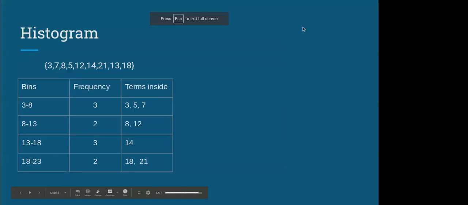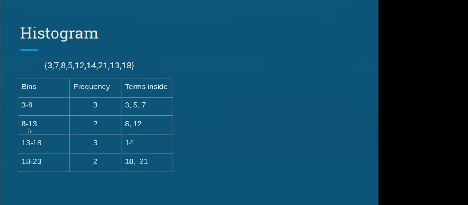All right, so these are the data. In this bin, 3 to 8, we only have 3, 5, and 7, because remember, 8 gets counted in the next bin. So those are our 3.